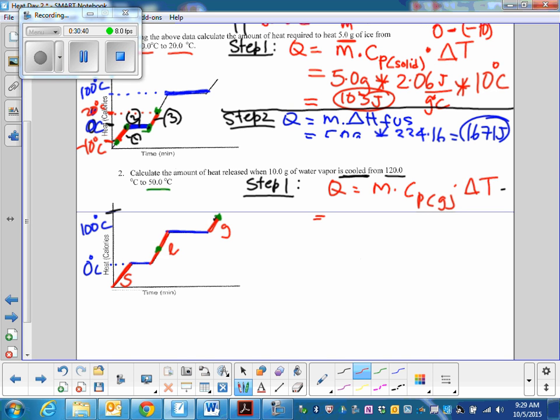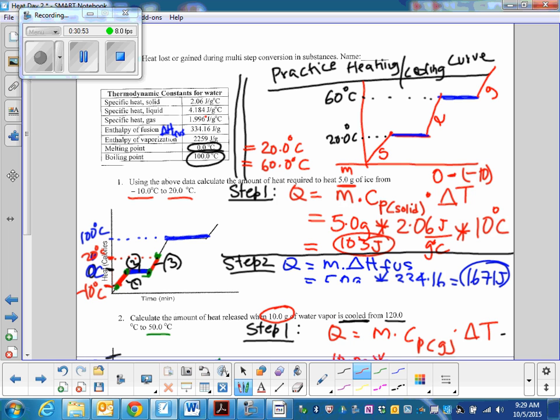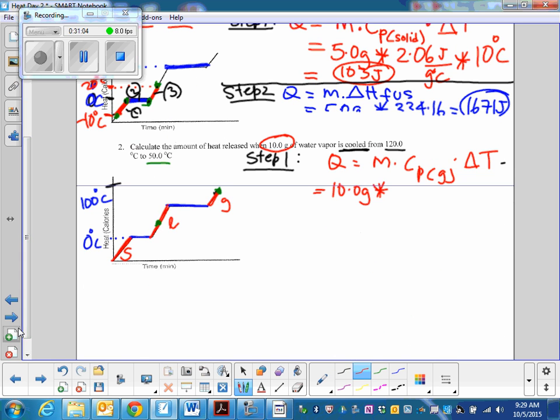What is the mass of my substance? 10.0 grams. Now, from the table, I need to choose specific heat of gas, which is what number? 1.996. Everybody good? So let's substitute 1.996 joules over grams degrees Celsius.